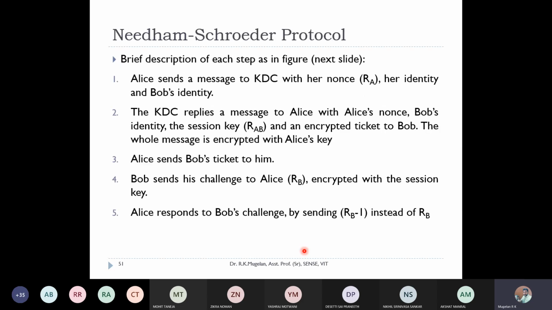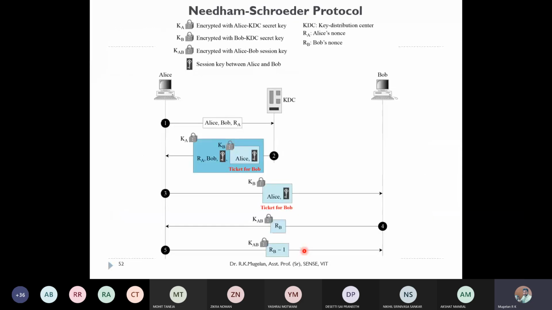Okay, so now we move on to the new topic, that is a prominent protocol which has been used, called the Needham-Schroeder protocol. I'll better explain it with the diagram, how the process works. Here we have these entities: K suffix A, which is a key known only to Alice and the KDC.